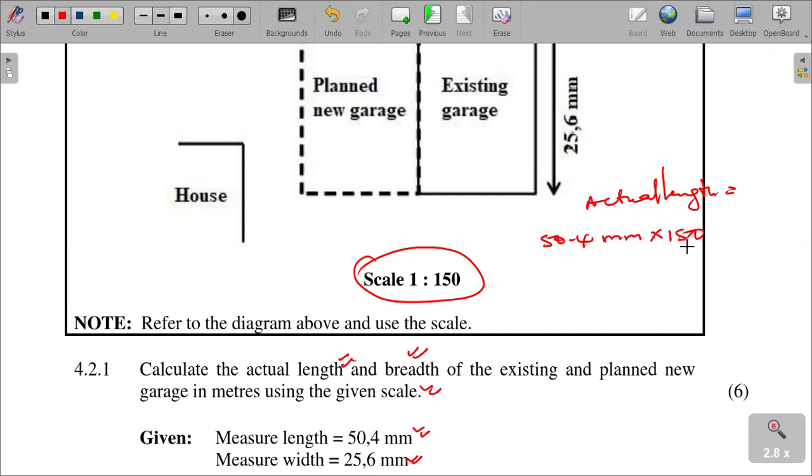Therefore, this is going to give us 7,560 millimeters.